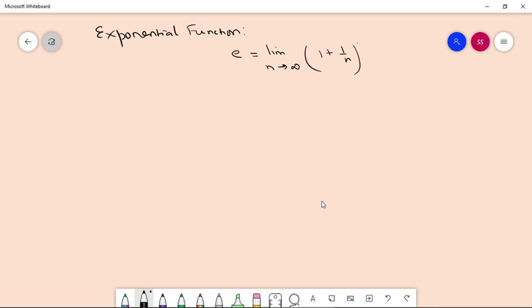First of all, exponential function. Exponential function that we have discussed: e equals limit n tends to infinity, (1 plus 1 by n) to the power n.